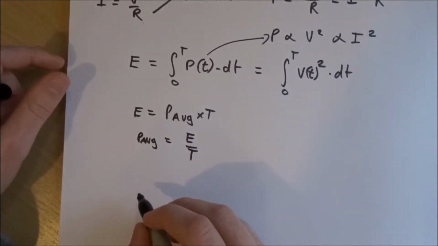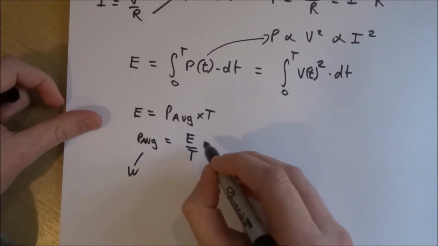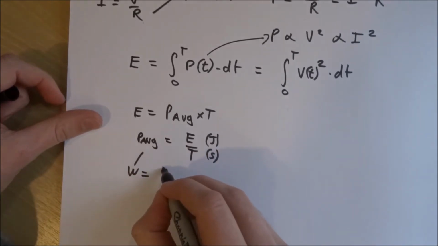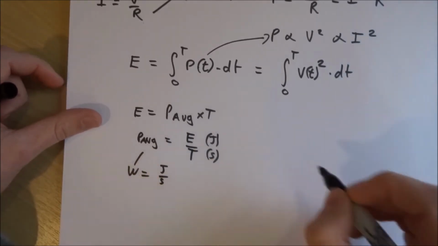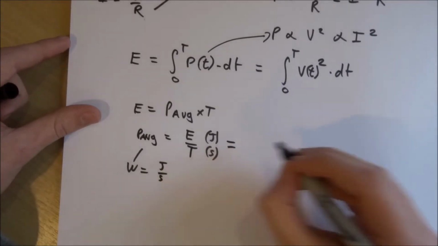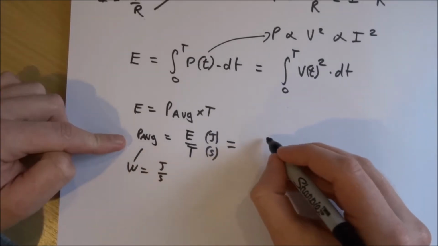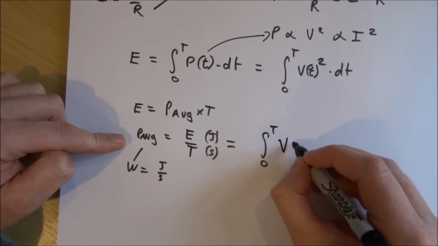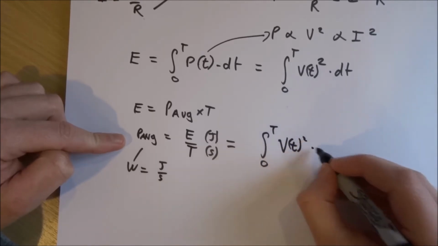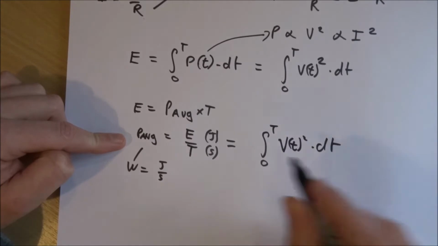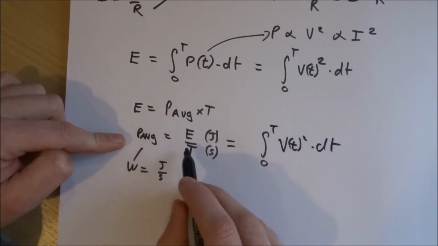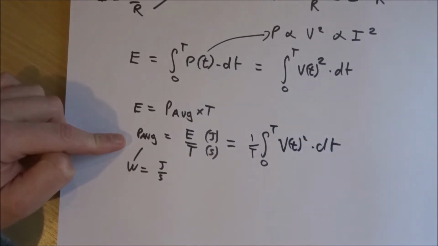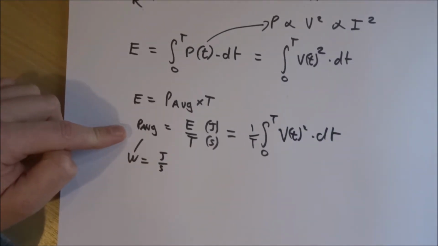And we know that by using the units as well, because power is in watts, energy is in joules, and time is in seconds, and watts is equal to joules per second. So we know that that works. And that is all equal to the energy, which is given by the integral from 0 to T of v of t squared now, dt. That's the energy, and to turn it into an average, we divide the energy by the period, and so there's our equation for average power.